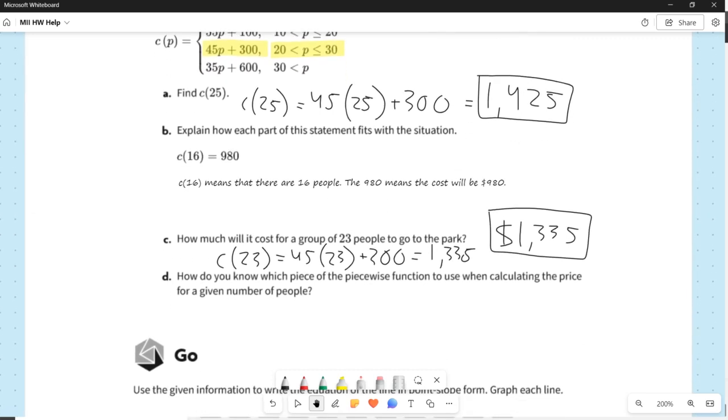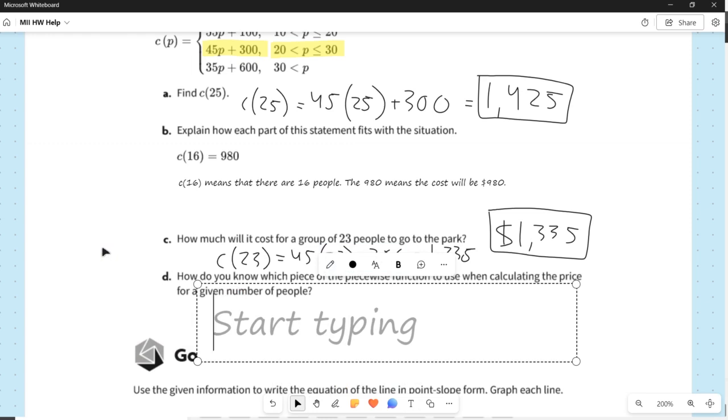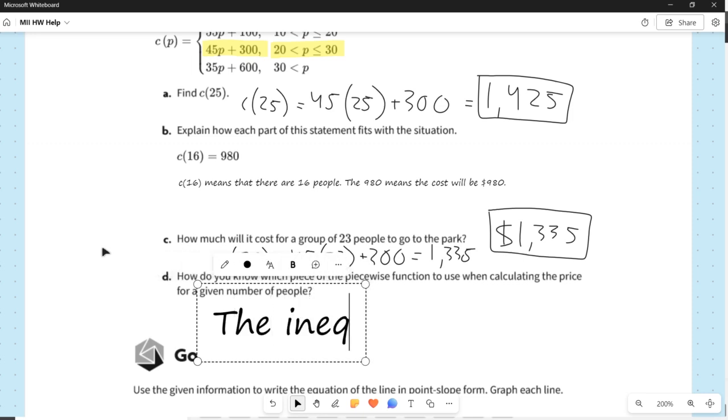Part D, how do you know which piece of the piecewise function to use when calculating the price for a given number of people? Well, we've kind of already alluded to this. The intervals on the right all involve these inequalities.